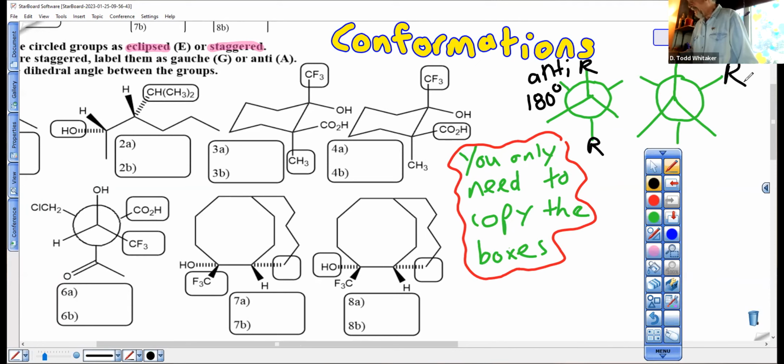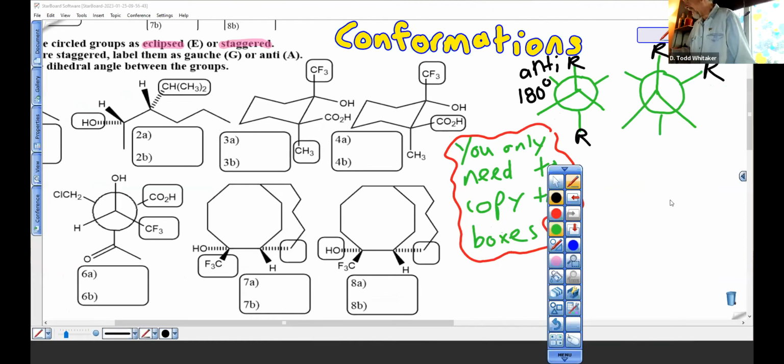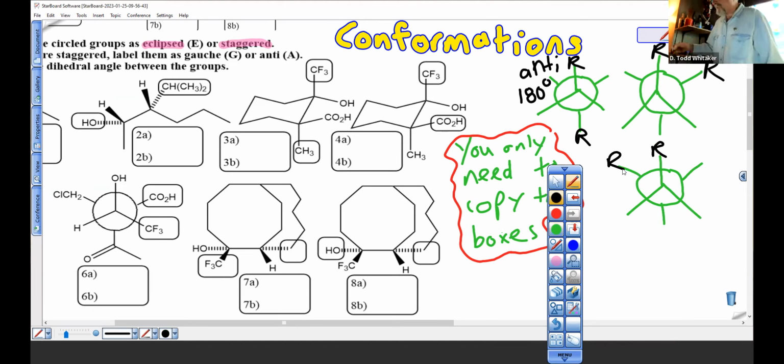Or you could have what looks like the mirror image. We got those, and the rest are just groups that are not being talked about. So these are both staggered. In fact, all of these are staggered.